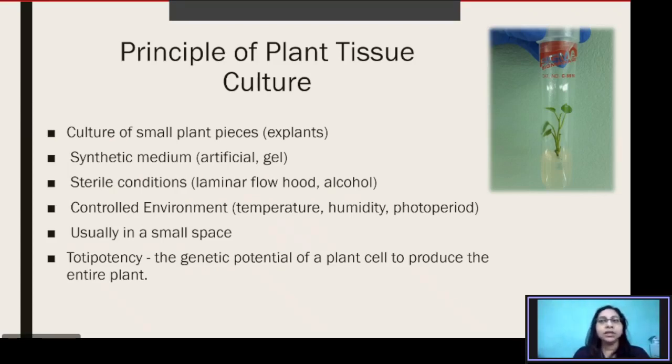Plant tissue culture allows de-differentiation of your cells within the culture. And then these cells are reprogrammed to become shoots, roots, and eventually into an entire plant. So this mass of de-differentiated or undifferentiated cells forms something called callus.